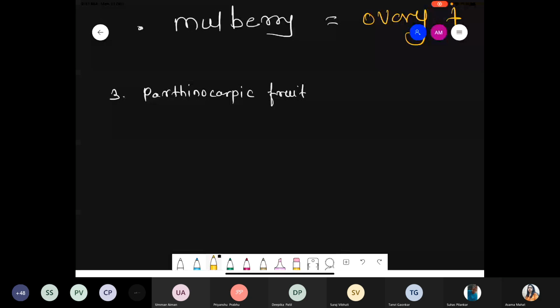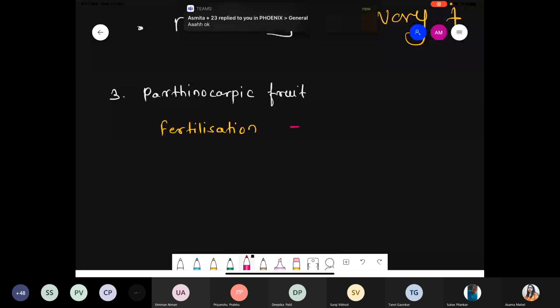So first of all, here there is no specific pattern of the ovary, no superior, no inferior ovary. In parthenocarpic fruit, fertilization is totally absent. That is the first point. And if there is no fertilization, it means seed formation is also totally absent.